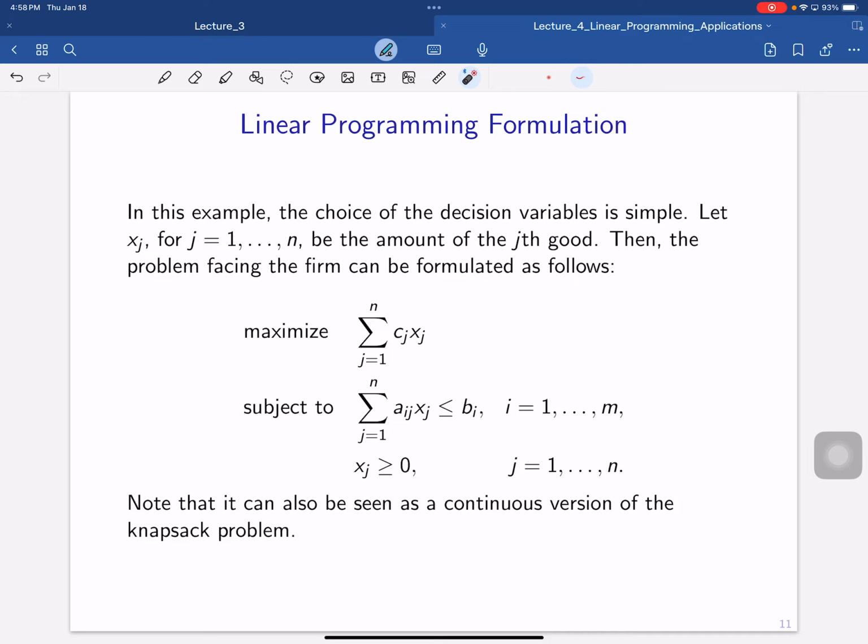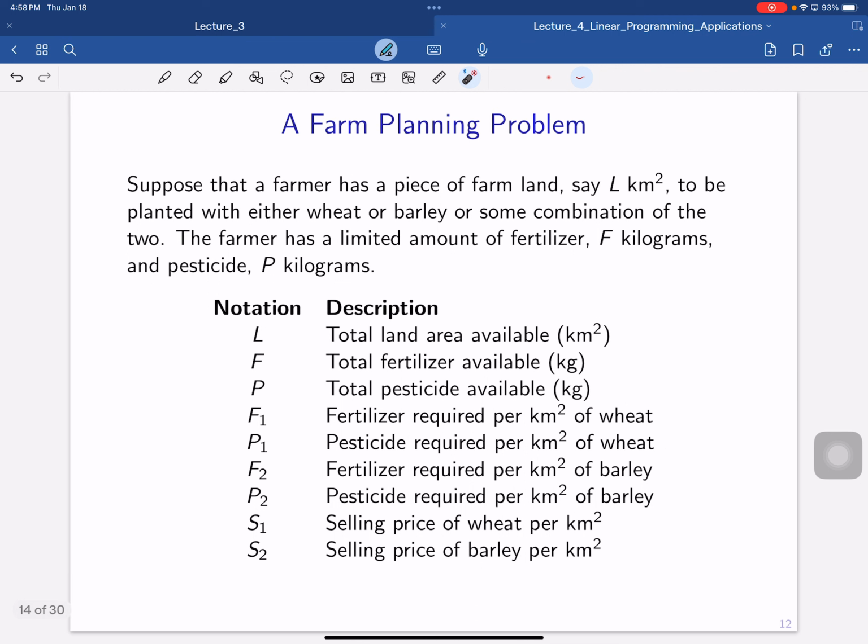All right. So let's talk about a very specific example, a farm planning problem. Let's say a farmer has a piece of farmland with L square kilometers. So the land is one of the limited resources the farmer has, right? And the farmer can plant either wheat or barley or some combination of the two.